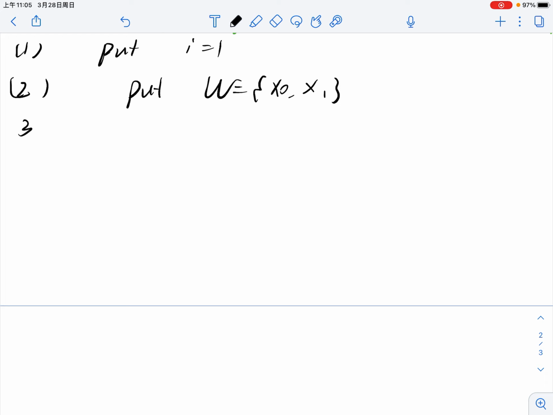And then step 3, put F to be a set consisting of alpha 1. So far we did nothing.